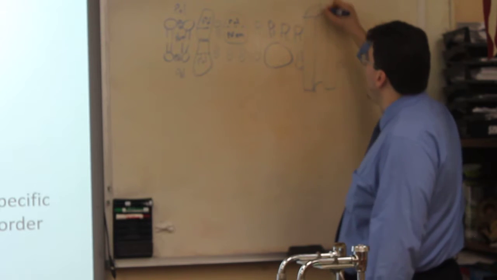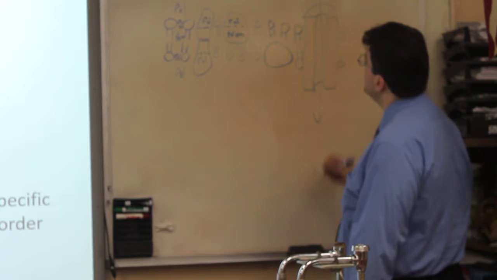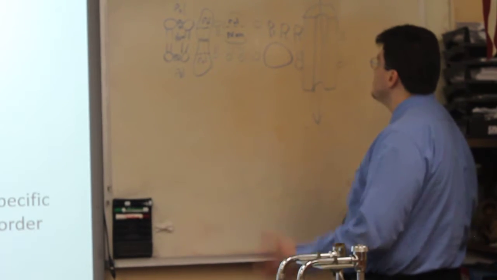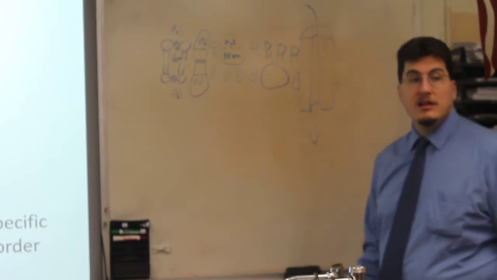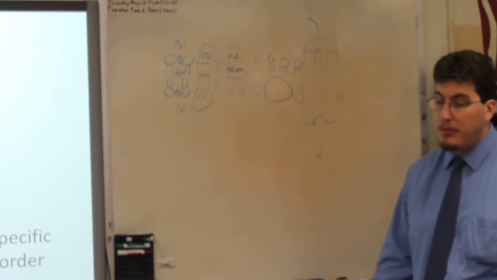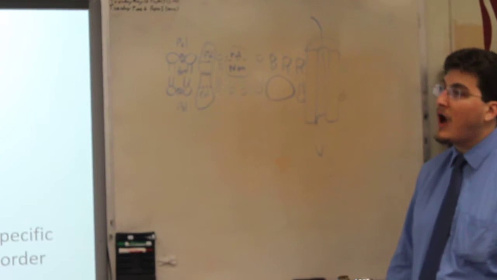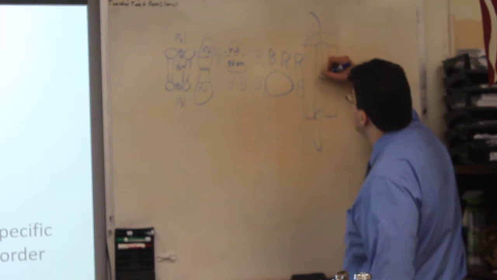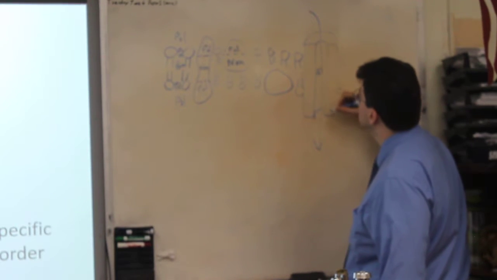What about here? If this were a channel protein, where I am allowing, for example, water, which is a polar substance, through, or an ion like sodium through, which is a polar ion because it's a charged particle, then this must be polar.